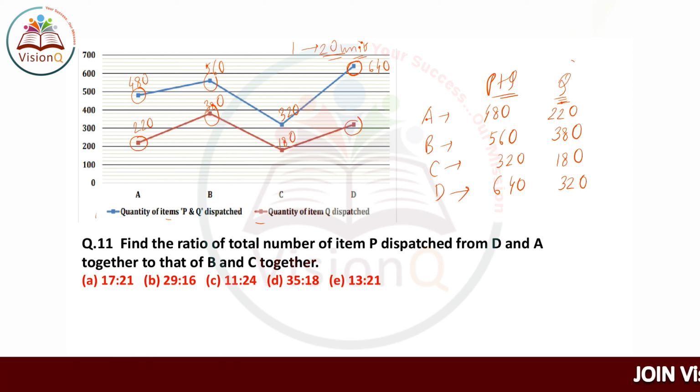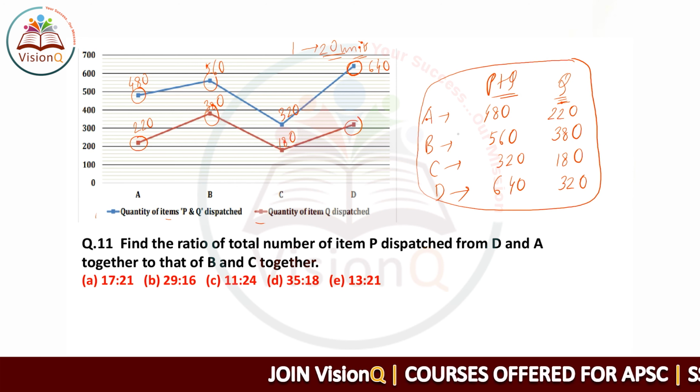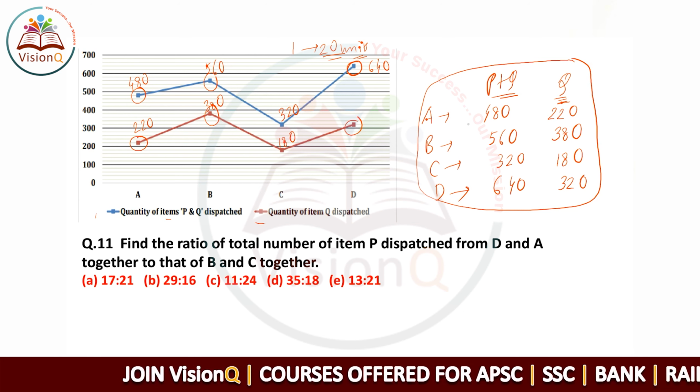So I have to use this data in the given questions to solve the questions of this DI. Only then can I find the answer. Now these are the data given in this DI: two lines, one value is for P plus Q and next is for Q.